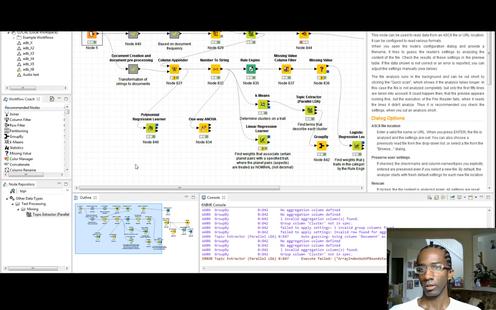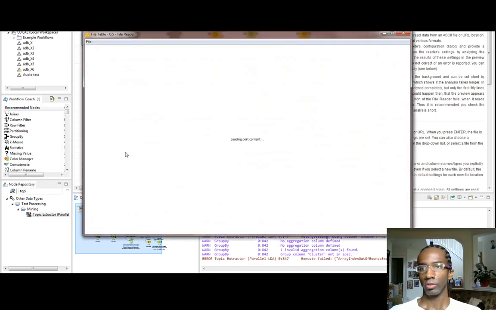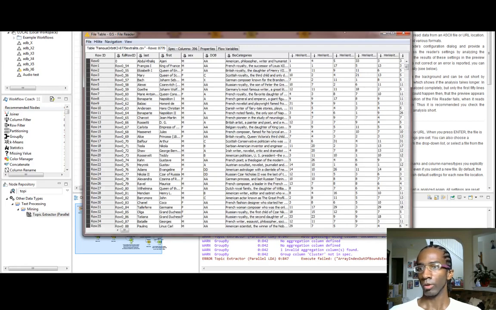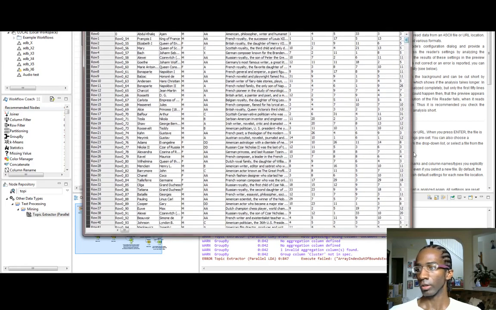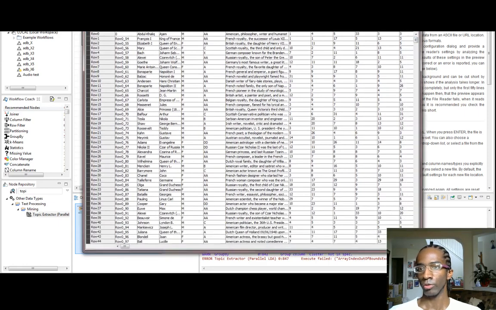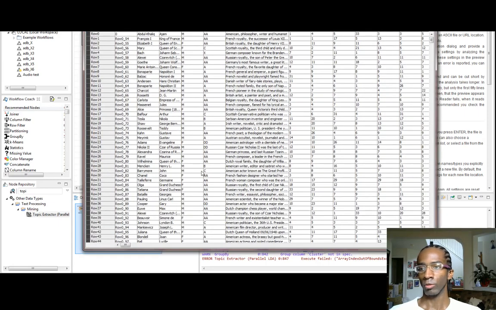So what I've done, let me show you this, is take a file from Astro Data Bank and some other sources, and it has the names of all these people. I don't know if you can see that. Can't zoom in here, but it shows all these people, and it's got their traits and stuff.